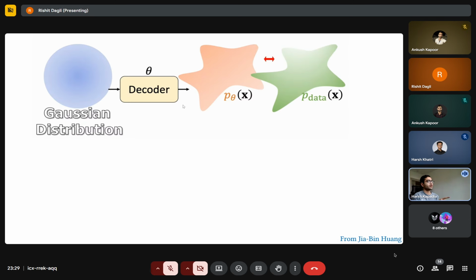So what is on screen right now is going from a Gaussian distribution to the stuff on the right, which is the new distribution, and the green stuff is supposed to be the data distribution that we don't know.